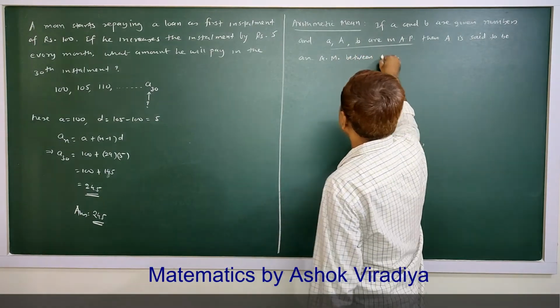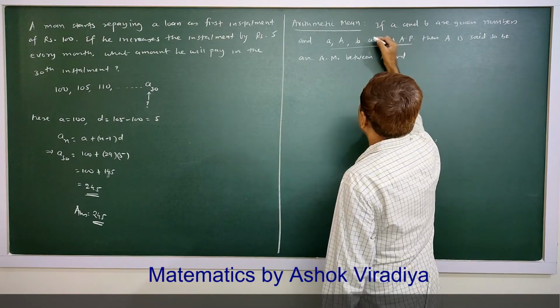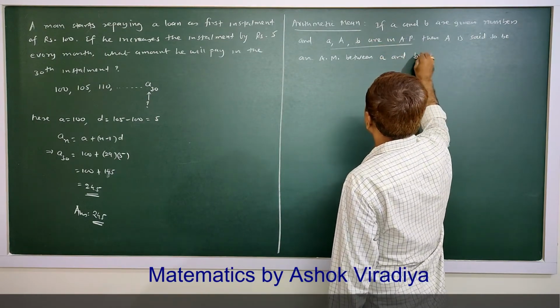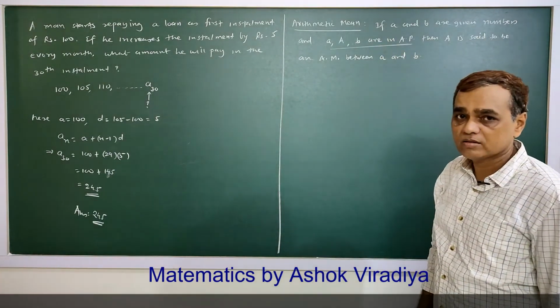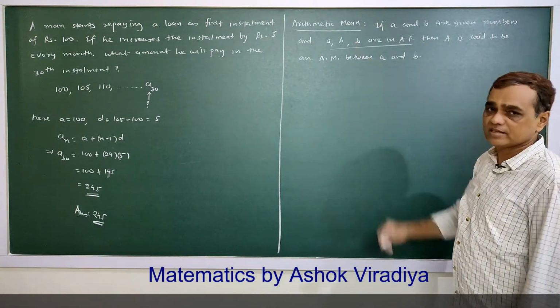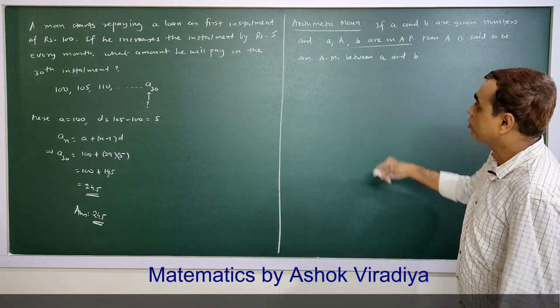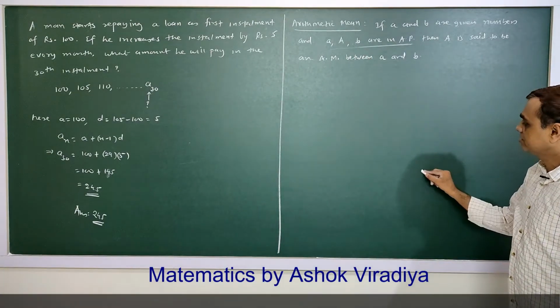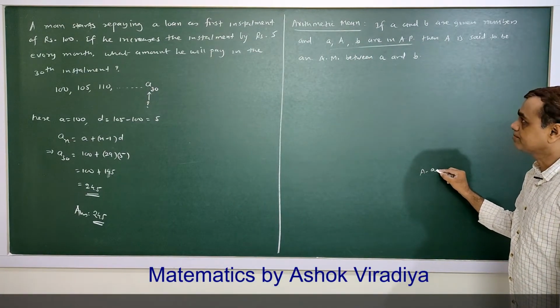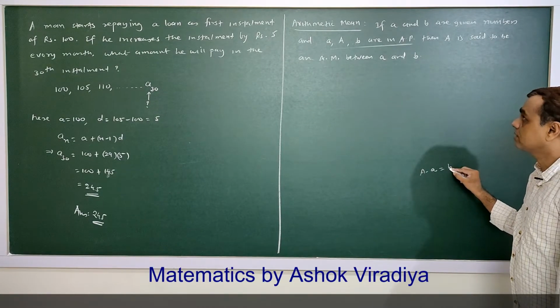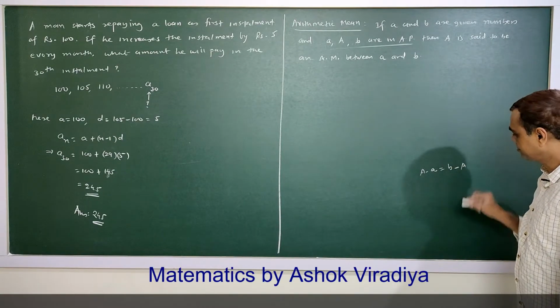And we can find this A. See, because these are in arithmetic progression, the second term minus the first term equals the third term minus the second term.